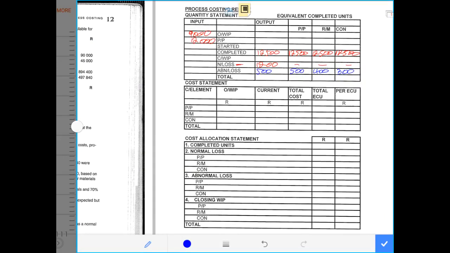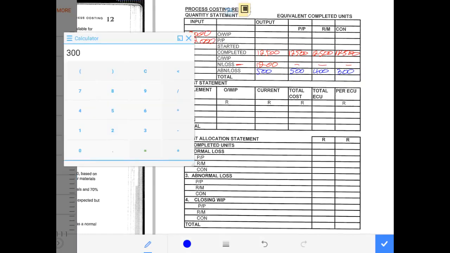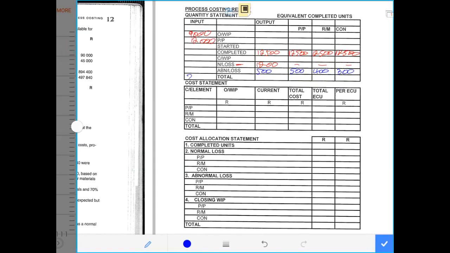Then we have to check for the closing, because there definitely must be a closing. And whenever you are not given the closing, you first have to calculate the total under the output, and the total will be 9,000 plus 12,000, and this will give us 21,000 to be recorded under the total, 21,000 units.